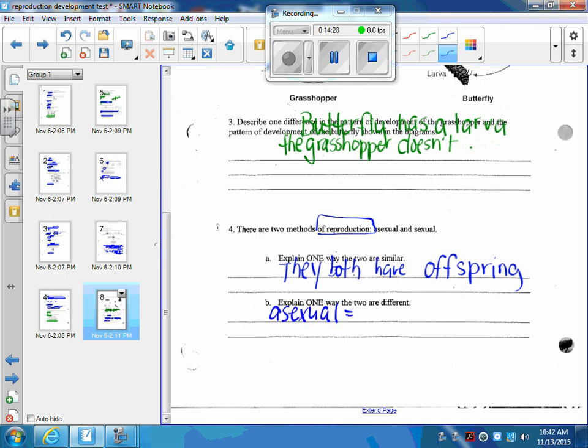One parent. Faster. Doesn't require a mate. The other one, sexual, a variation. 2 parents. Fertilization occurs. Cell division occurs in asexual.